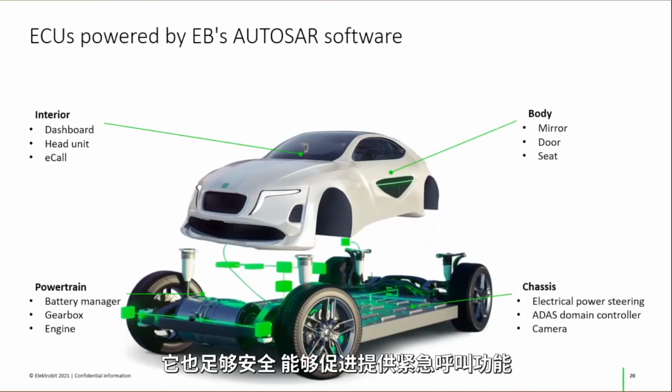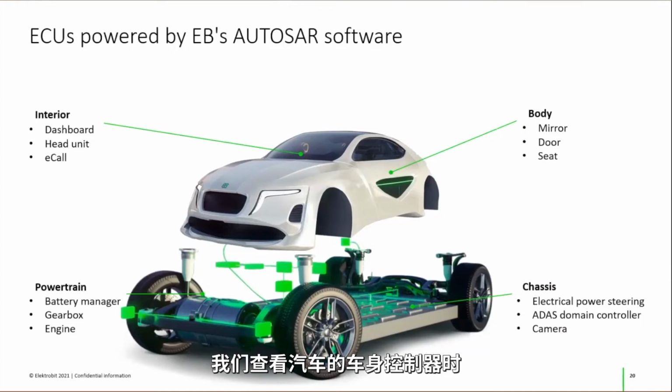And it is also secure enough to provide functionality for the emergency call functionality. When we look at a body controller of the vehicle, you can use EB tresos products to implement controlling your mirrors of the car, or sensors and actuators, control them inside the doors, or controllers for the seats inside the car.